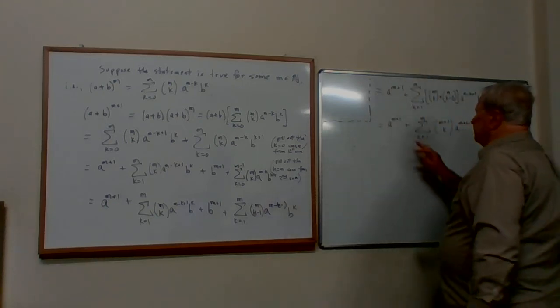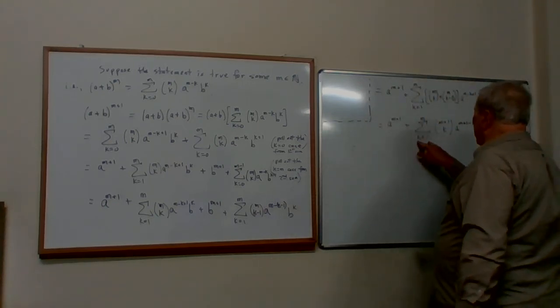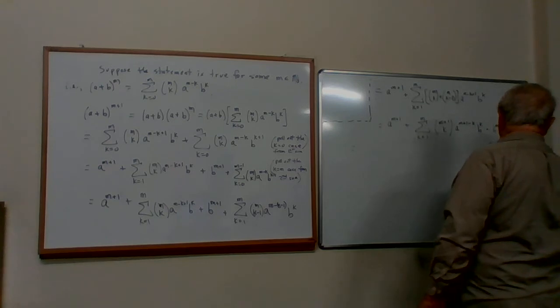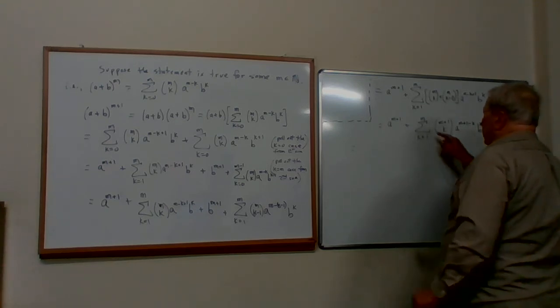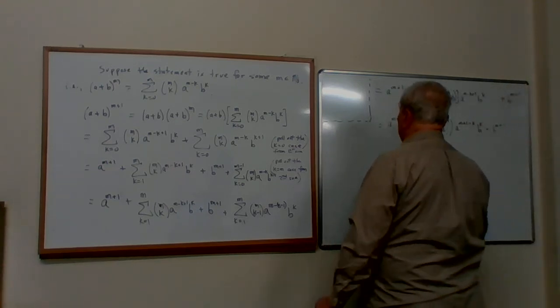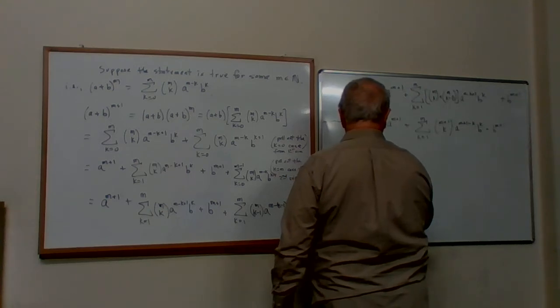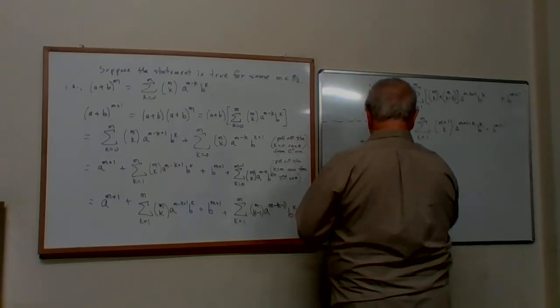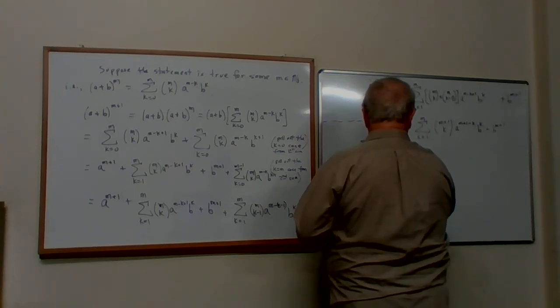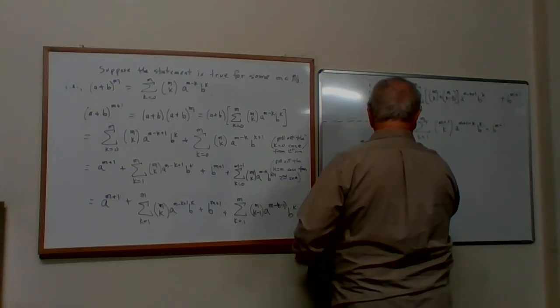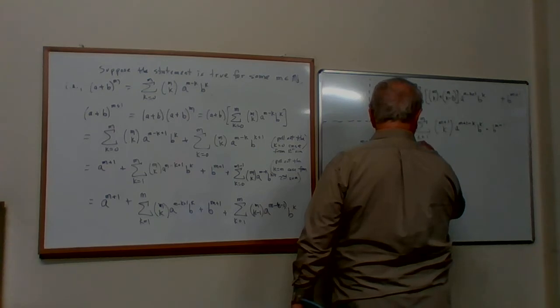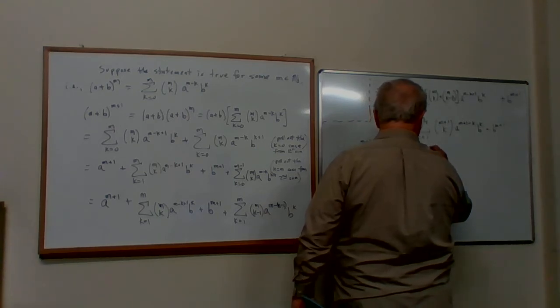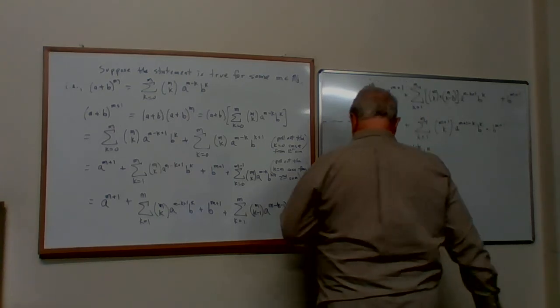But now I can pull this back in and go from 0 to m. And I can pull this back in and go to m plus 1. And so this is going to be the sum from k equals 0 to m plus 1 now of, copy the coefficient, m plus 1 choose k, a to the m plus 1 minus k, b to the k.